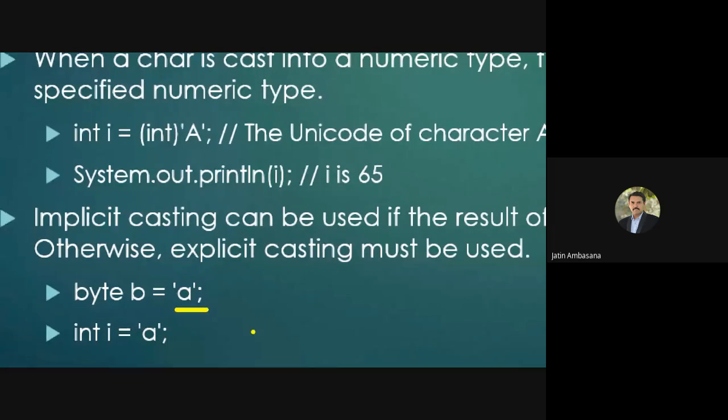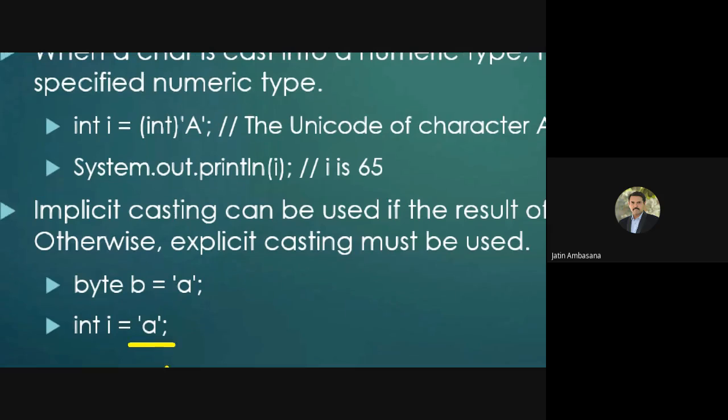Here you have character a, but if you see its ASCII value, the ASCII value of this is about 97. And byte B can store the value 97. So 97 gets stored inside byte B, in this variable B. Similarly, this a, if you assign it to int I, this also gets stored as 97. Obviously, it is in the range of integer.